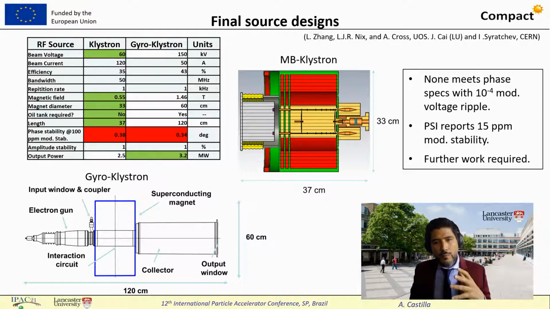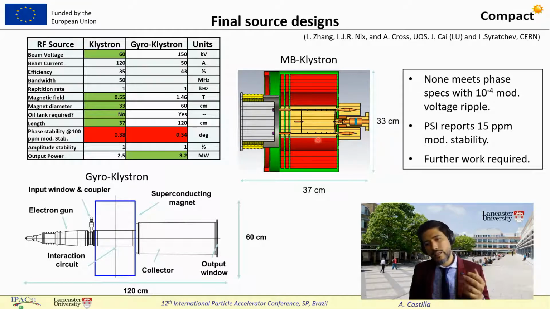So to compare both designs, we can see roughly in this table side to side the different parameters where there are some advantages and disadvantages for each one of the two sources. One of them perhaps is the multi-beam klystron footprint is a bit smaller.